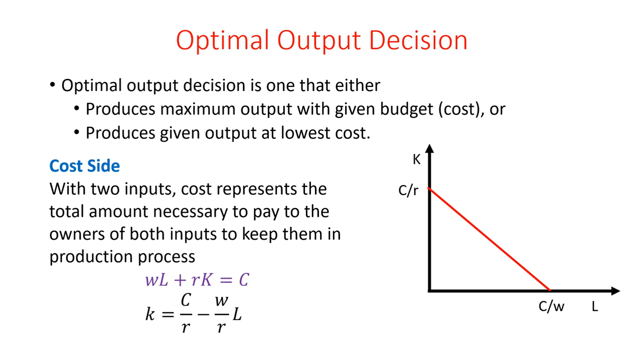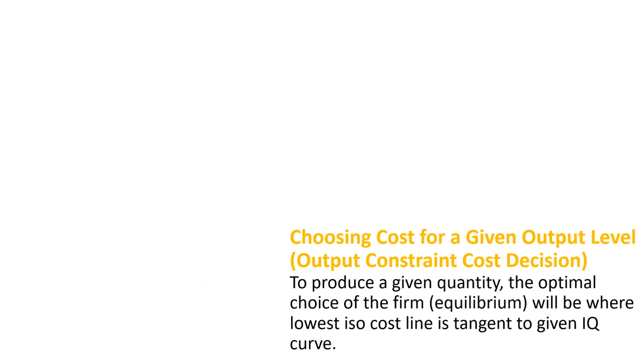Now let's study the optimal production decisions of the firm in the long run. First, we study the case of choosing cost for a given output level, that is, the output constraint cost decision. In this case, we assume that the manager of the firm is asked to produce a commodity in a given quantity.